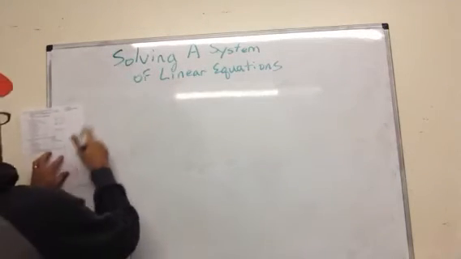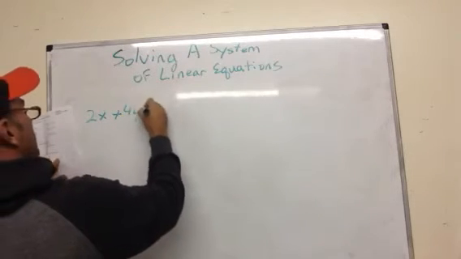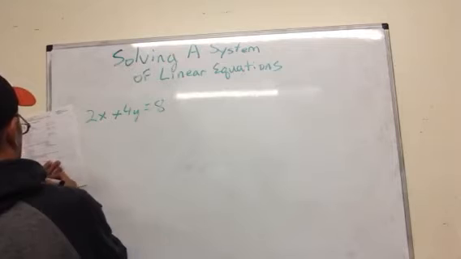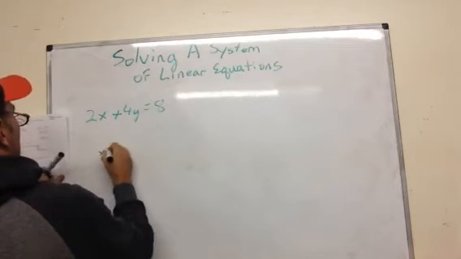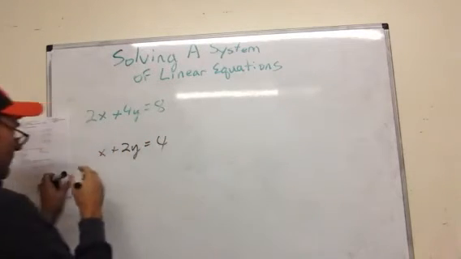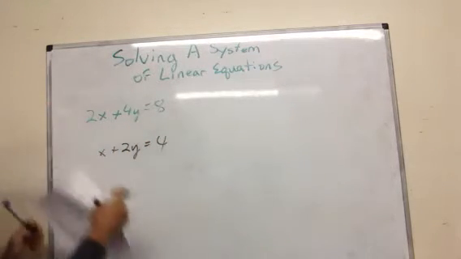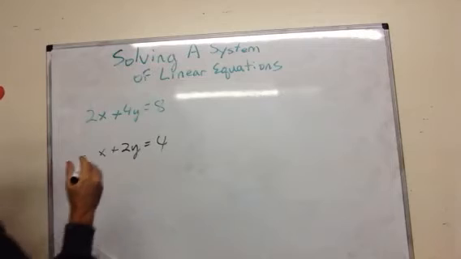The first equation is 2x plus 4y equals 8. The other equation is x plus 2y equals 4. So again, it makes it kind of hard to graph in this form. So I'm going to put it in slope-intercept form.